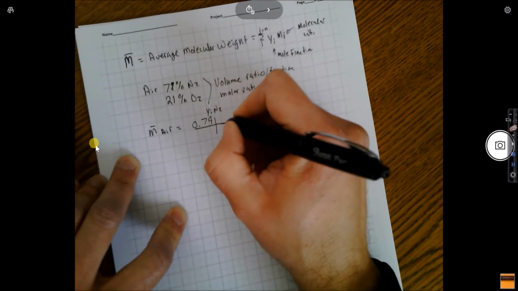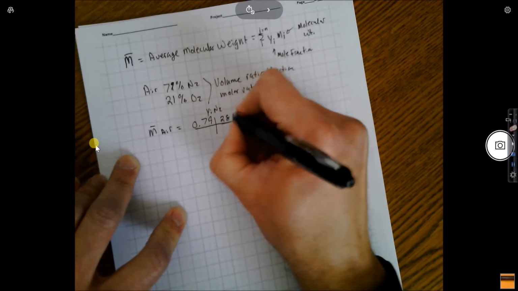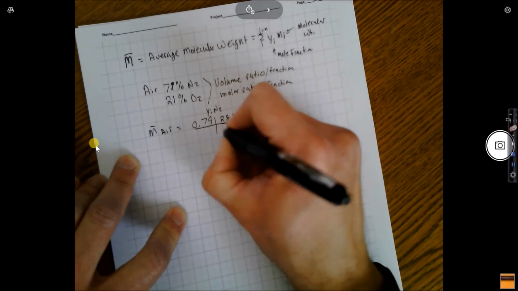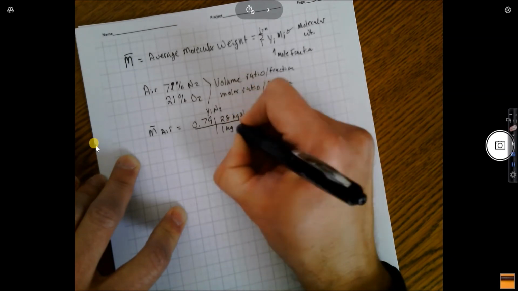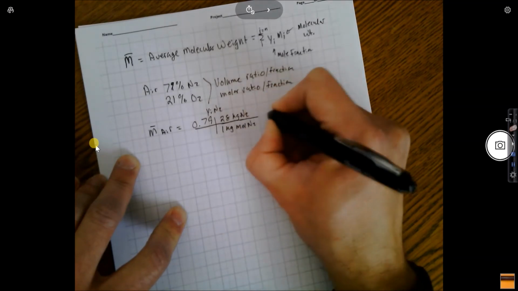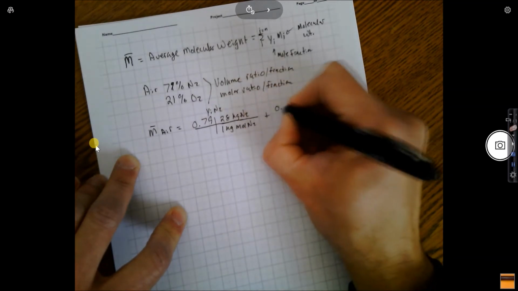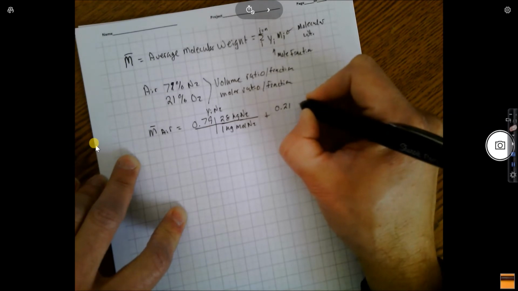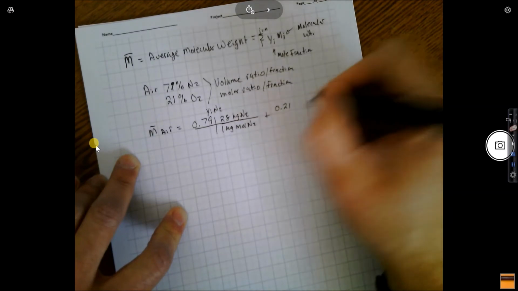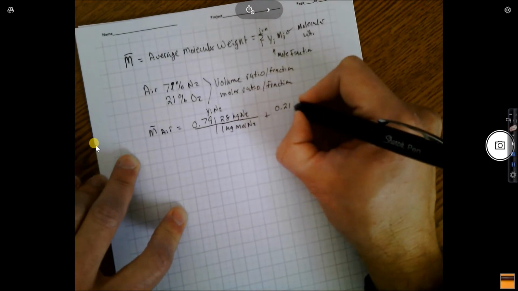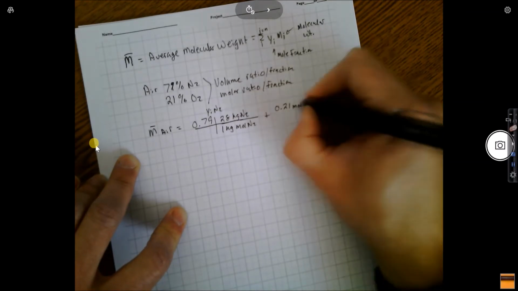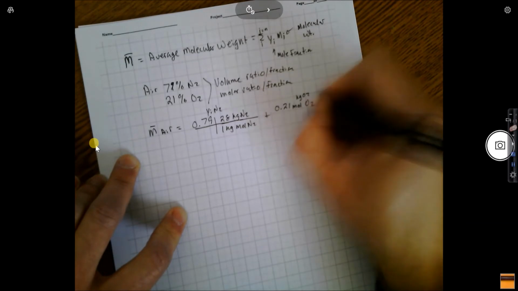There are 28 kilograms in 1 kilogram mole of N2, plus 0.21, and I probably should put air somewhere and it's not going to cancel, so it gets kind of goofy, 0.21 kilogram moles of O2.